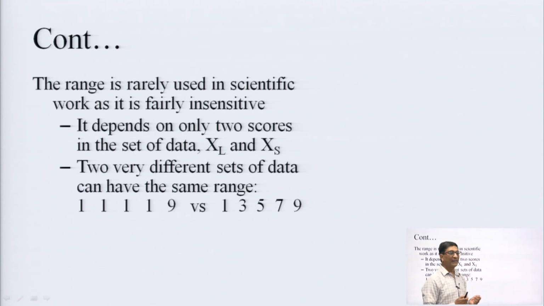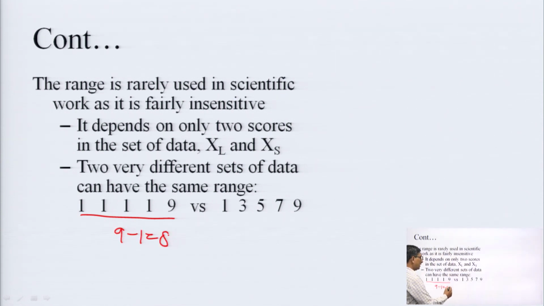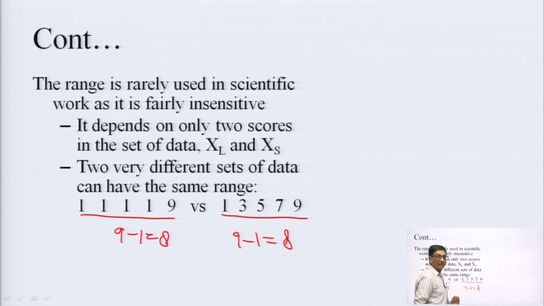For example, in this example the range is 9 minus 1, that is 8, and for this also 9 minus 1 is 8, but the first data is more consistent than the second, it has less variation than the second data. So, this is the reason we cannot use it in scientific work.